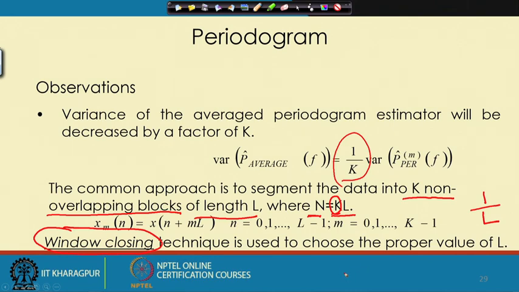But we do not want the prominent peaks in the PSD to merge together so that the PSD looks somewhat different. We want to preserve the frequency resolution, and at the same time we want it to get smooth, so the variance should come down.